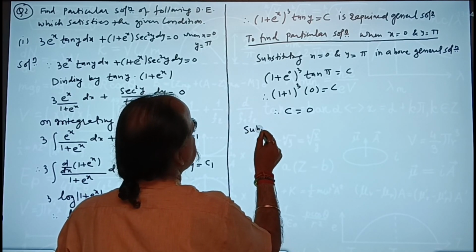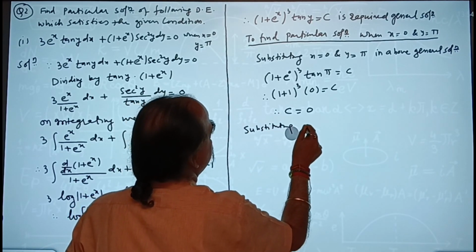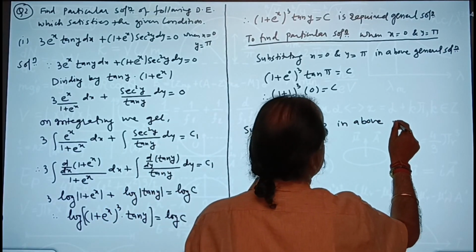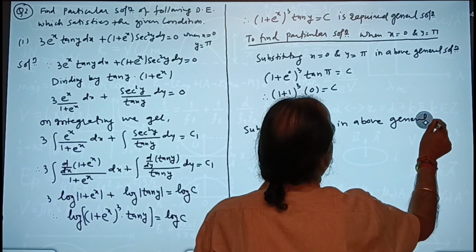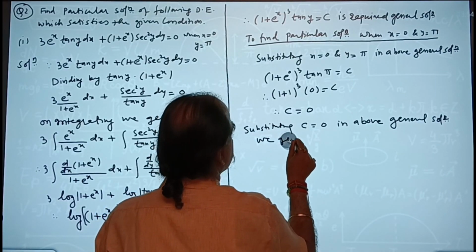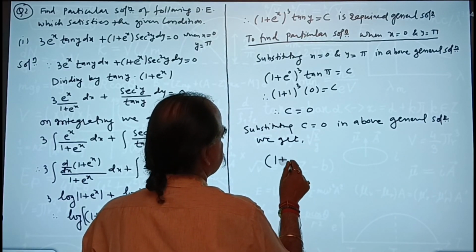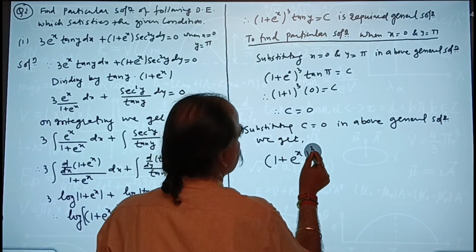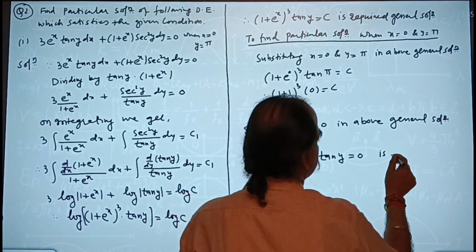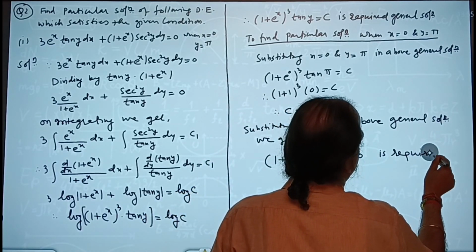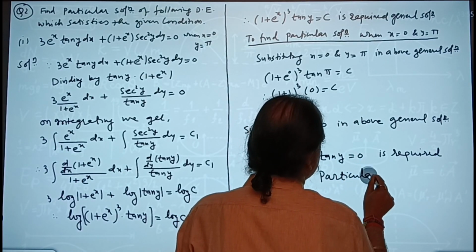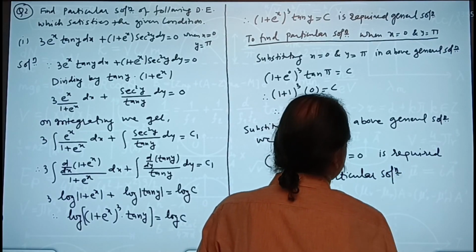Substituting C is equal to 0 in above general solution, we get 1 plus e raised to x cube tan y is equal to 0 is required particular solution.